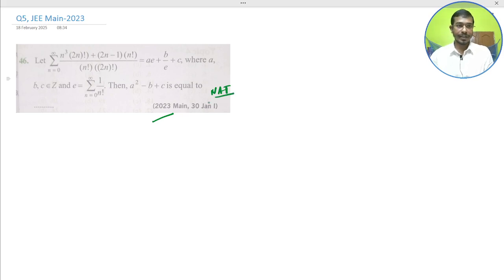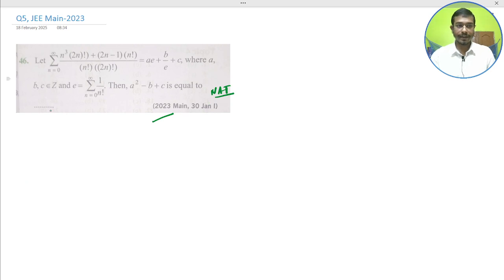Let the summation n from 0 to infinity of (n cube into 2n factorial plus (2n minus 1) into n factorial) divided by (n factorial into 2n factorial) be equal to AE plus B by E plus C, where A, B, C belong to the set of integers, and E is the summation n from 0 to infinity of 1 by n factorial. Then A square minus B plus C is equal to what?